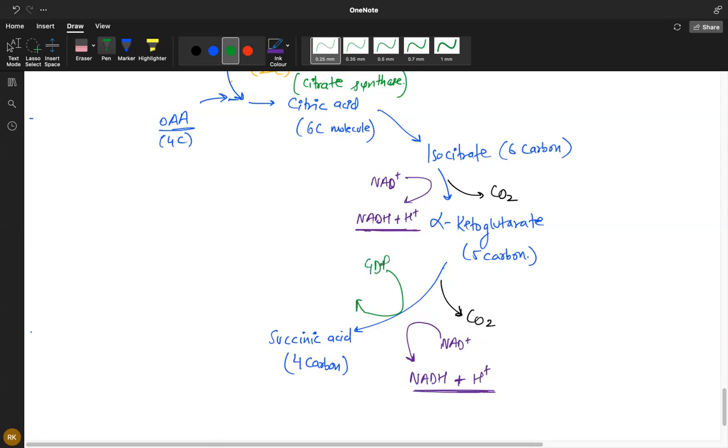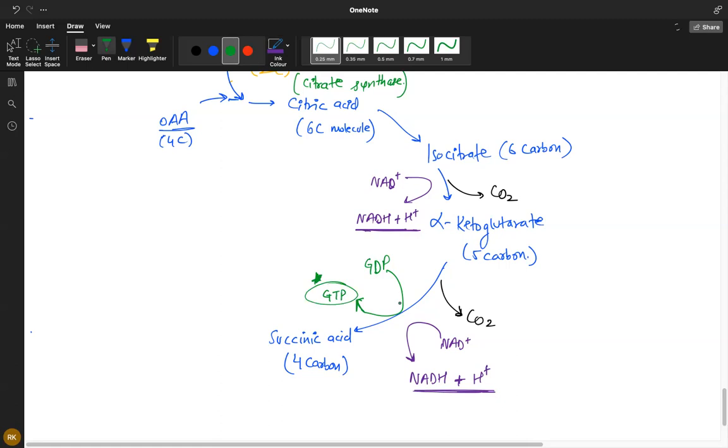So there is a GDP. Okay, ATGC, there are 4 bases. So ATP is adenosine triphosphate, and GTP is guanosine triphosphate. Now GTP is formed, but GTP is not ATP, right? So GDP comes in and makes GTP.